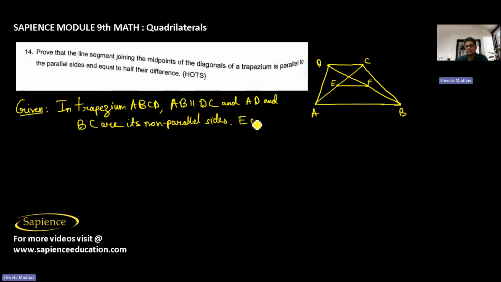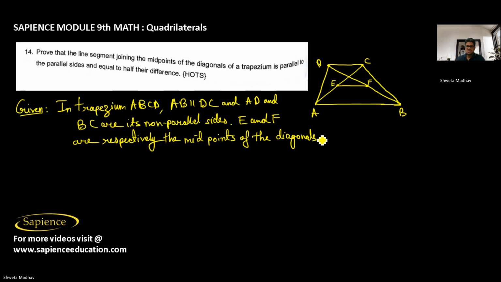And E and F are respectively the midpoints of the diagonals AC and BD.